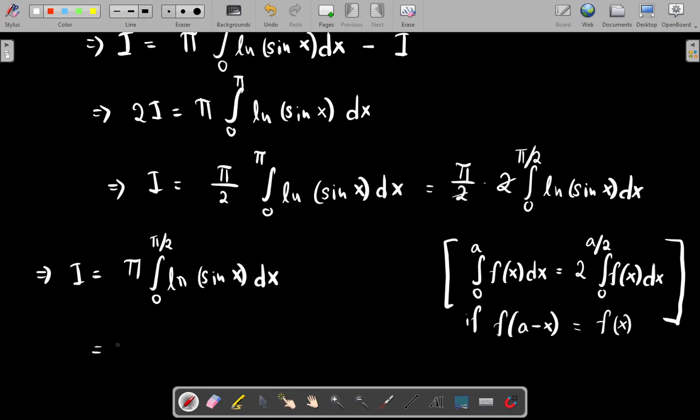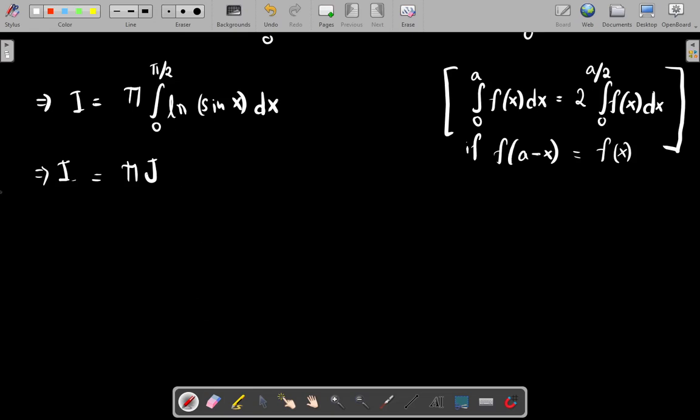Okay, so I can write it as I equal to pi times, say this is integral J. So in order to find I, we also need to find this other integral J.